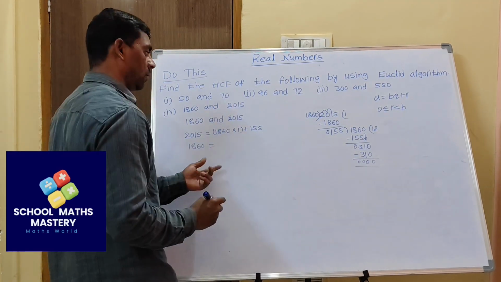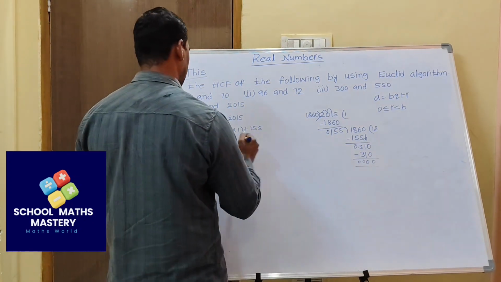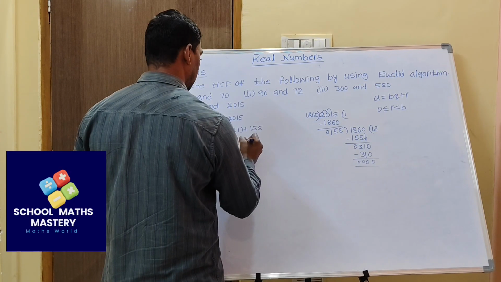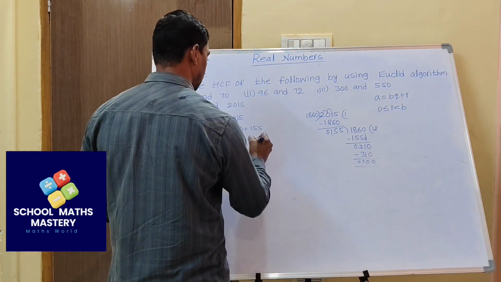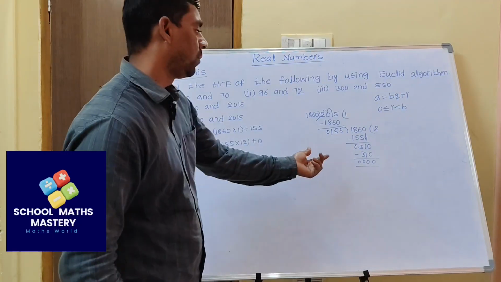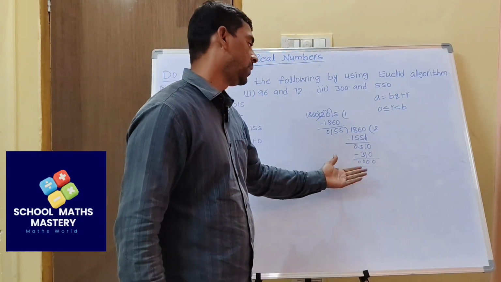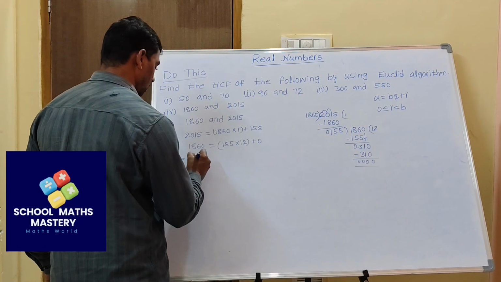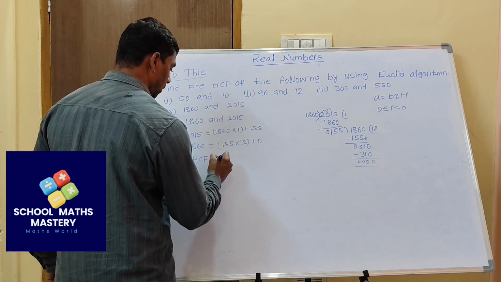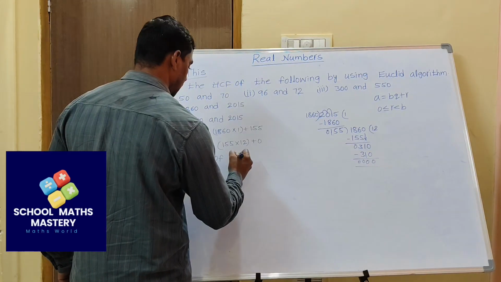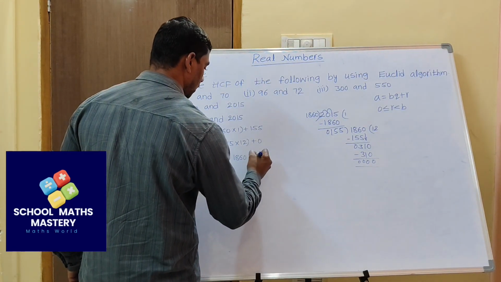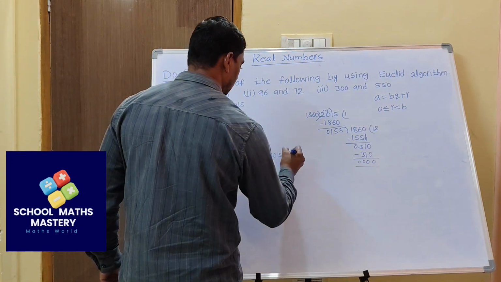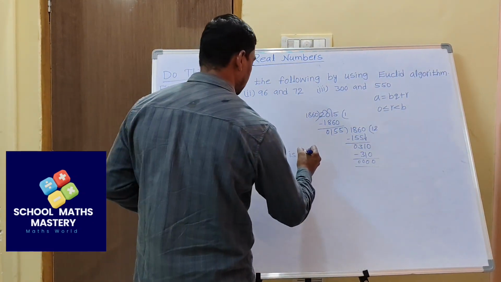Next, 1860 equal to 155 into 12 plus 0. Okay, remainder is 0. The problem is completed. The HCF of 1860 and 2015 is 155.